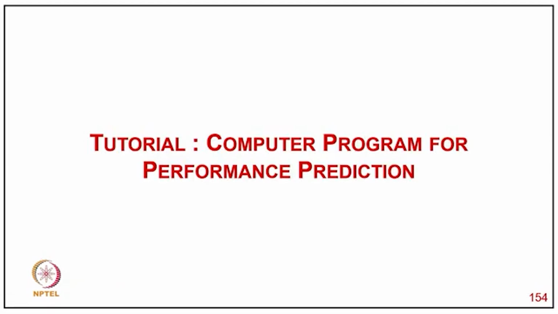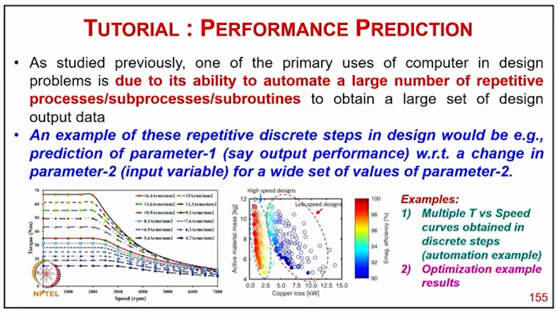Now coming to a tutorial on a computer program for performance prediction. As studied previously, one of the primary uses of the computer in design is the ability to automate a large number of repetitive processes or subroutines to obtain a large set of design output data.